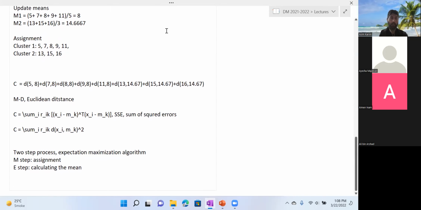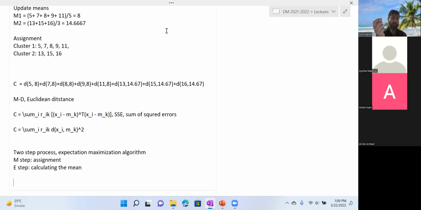I hope you understand the M step is actually the assignment step. Why is it M step? Because it is minimizing the cost, the error. And for a given state of means, once you have the assignment, you find the next representative, the expected value.